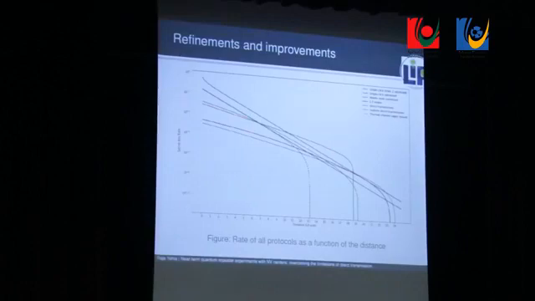So you see that with the single-click protocol, so this curve, we actually get a big gap between the secret key rate that you get using this protocol and using only an optical fiber.